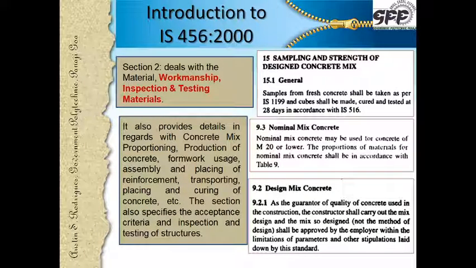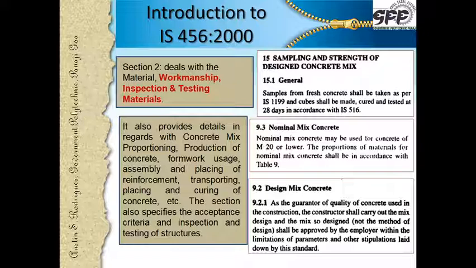And then the clause number 15 deals with sampling and strength of design concrete mix. How we are going to take the samples? When we are preparing a batch, how many cubes will be taken, how they will be taken, how they will be tested, what will be the curing procedure, everything has been specified in clause number 15.